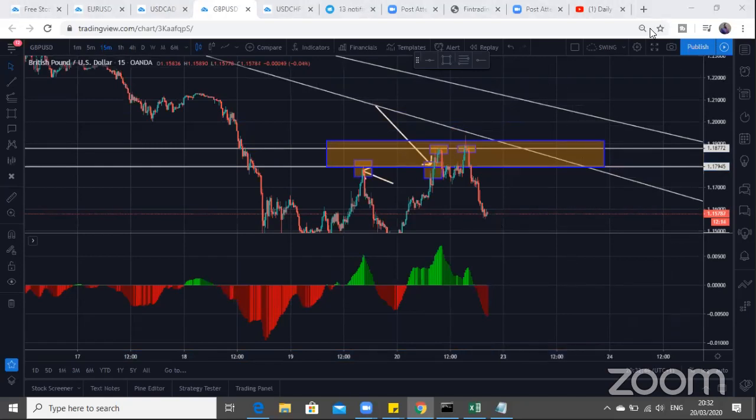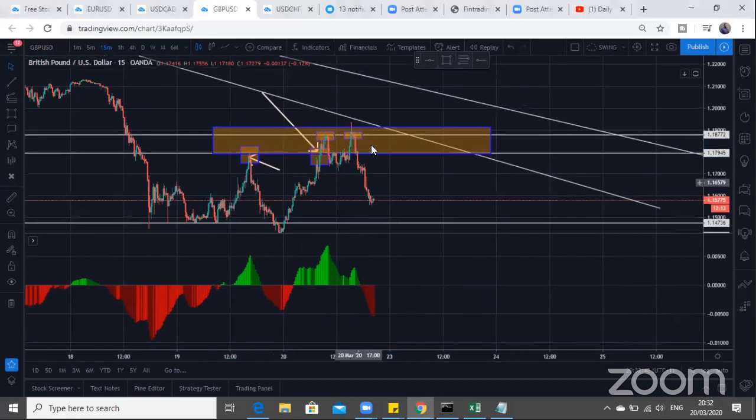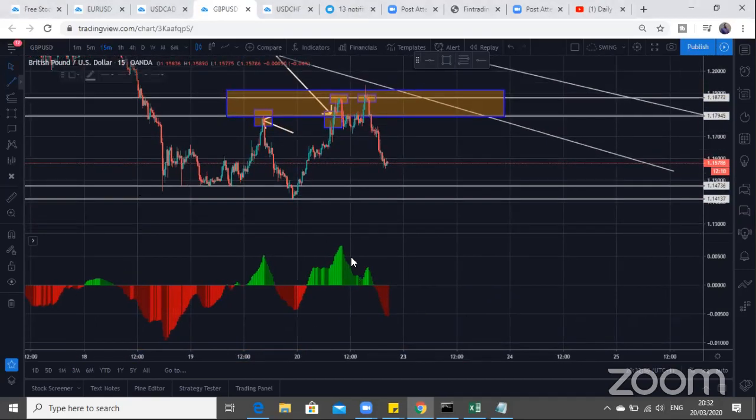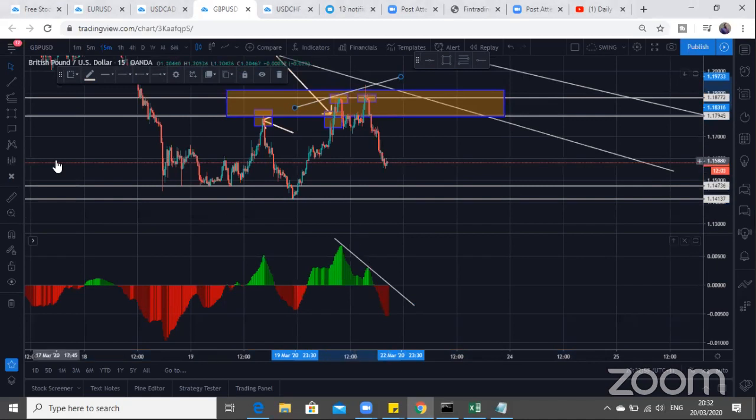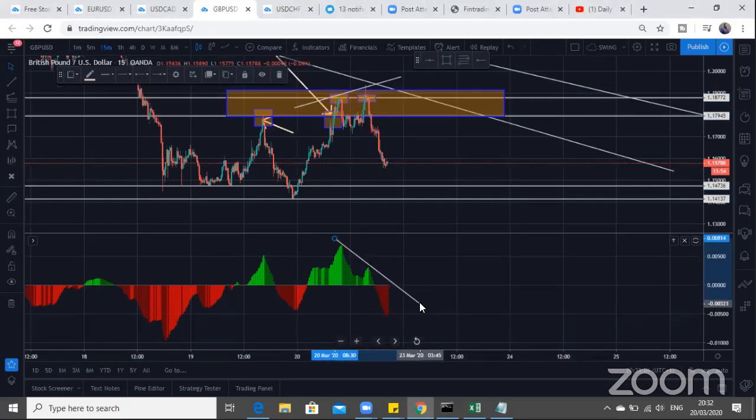Good. Now, on that resistance, look at it. Everybody on the call, price is going up on the top of it, and on the MACD it is what? It is coming down. Yes or no?